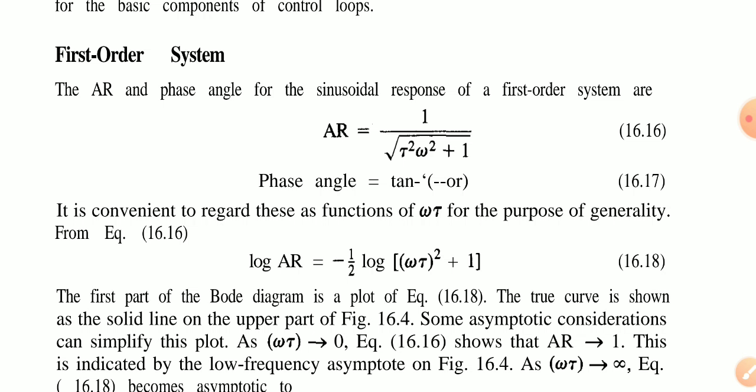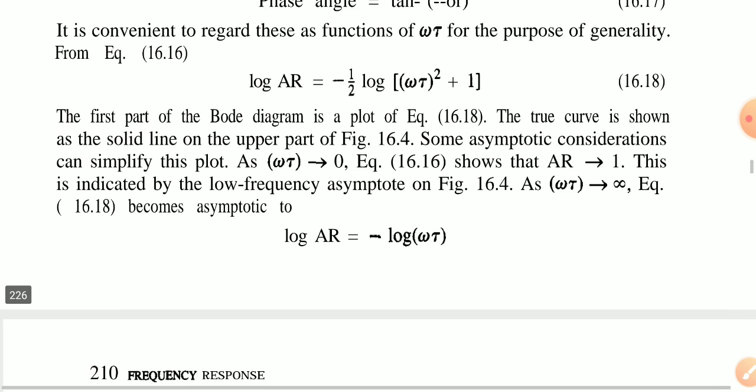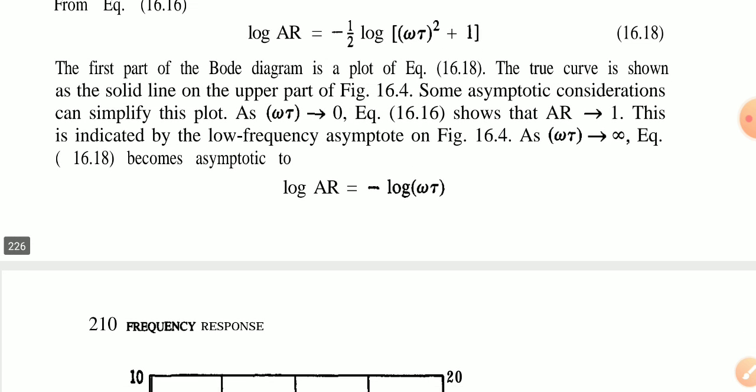The amplitude ratio is 1 by under root of tau square omega square plus 1, and the phase angle is tan inverse of minus omega tau. It is convenient to regard these as functions of omega tau for the purpose of generality. For the log AR, it is equal to minus one half log of omega tau square plus 1.